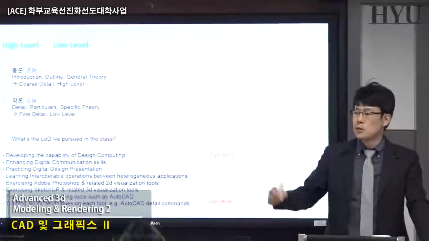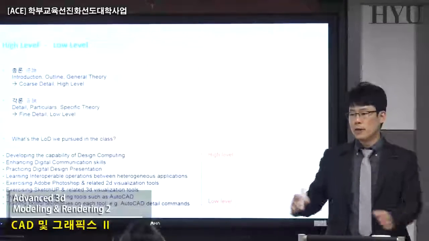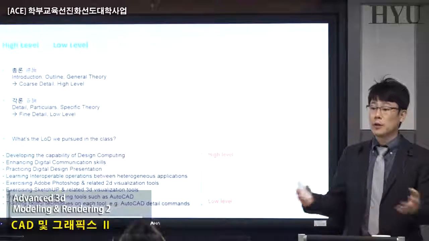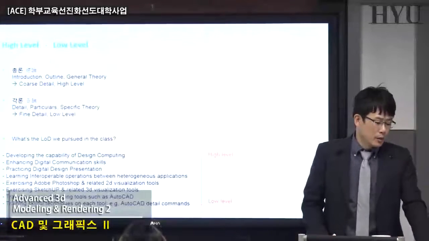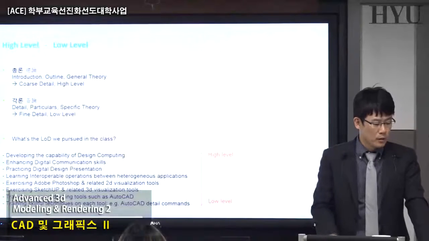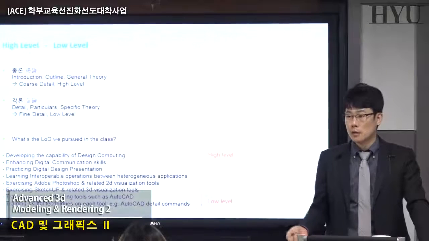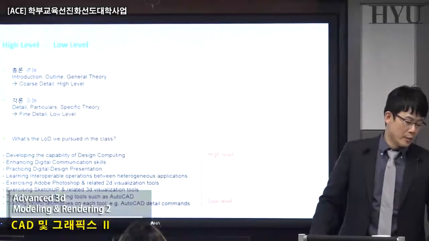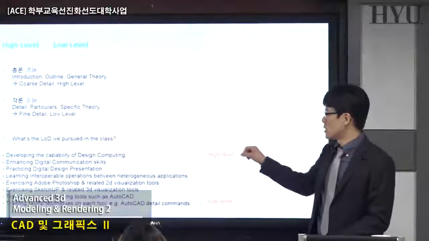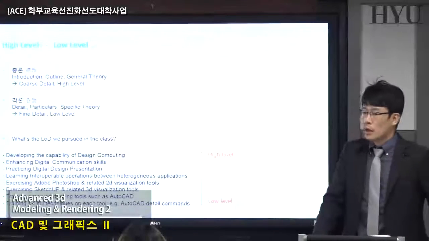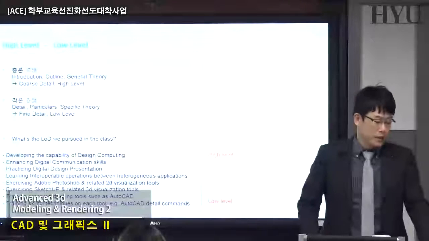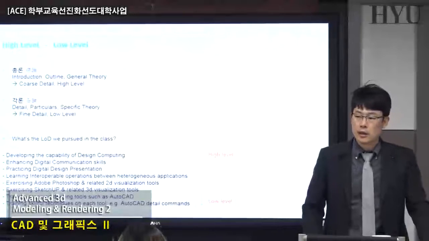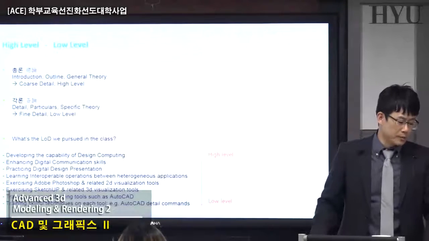If you look at a higher level, you see the entire aspects, not the detail. Forest, not the tree, okay? To the contrary, in a lower level, you can see details, but it's not easy to see the entire features. It covers particulars and specific theory, in other words fine-grained, detailed objects. In general, we call it low level, okay?